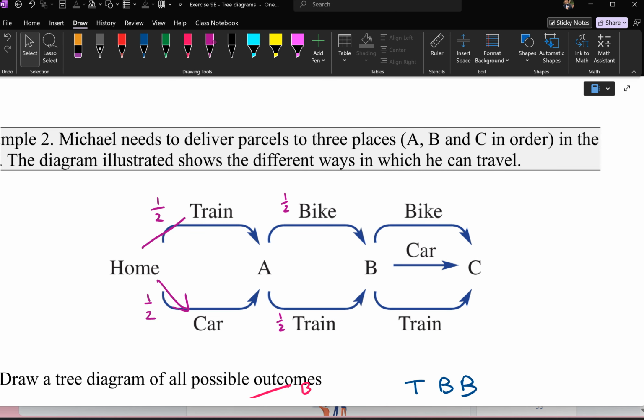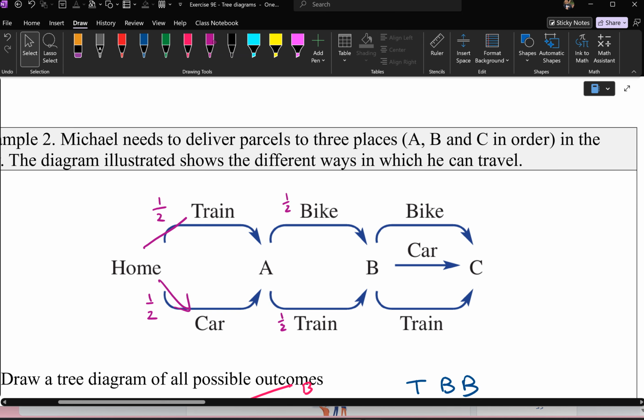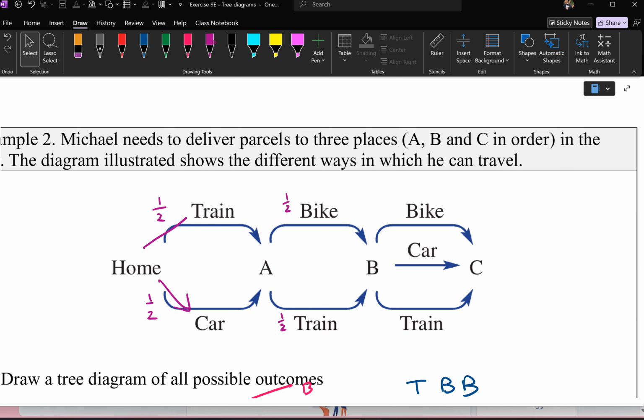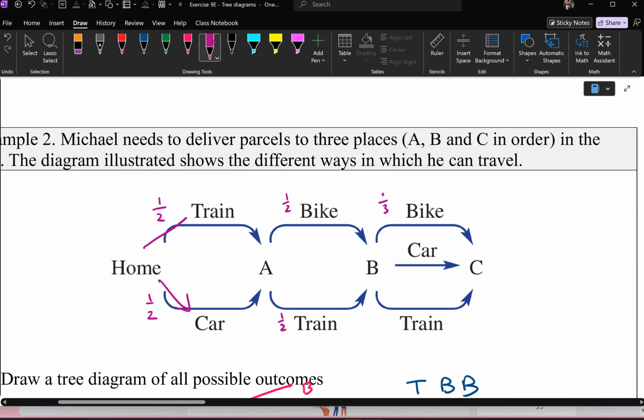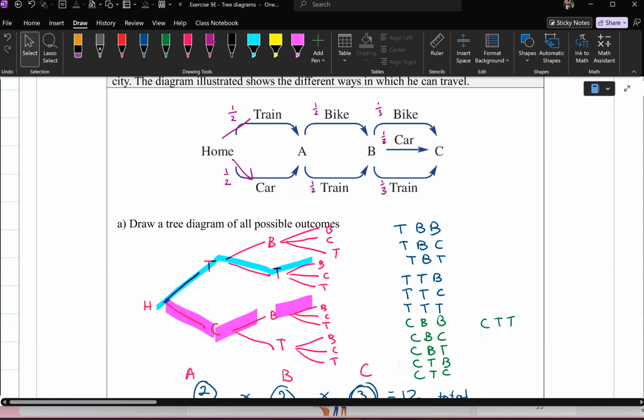But then by the time you get to your third one, you now have bike, car, or train. And if they're all equally possibly chosen, then you've got now a third of a chance for each one. So if you label it out correctly like that, then now you can answer the question.